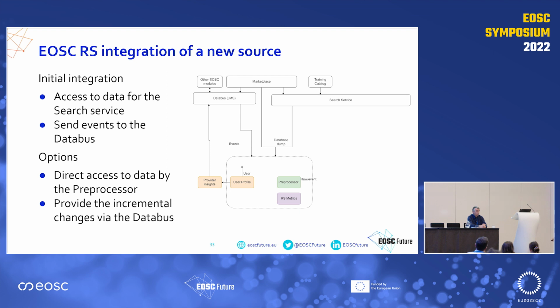So, integrating a new source. The new source is integrated in a preprocessor, like the integration of the marketplace and the search service. There are two steps of integration. First, the initial database dump, so that if you have current data, we process that in one go.